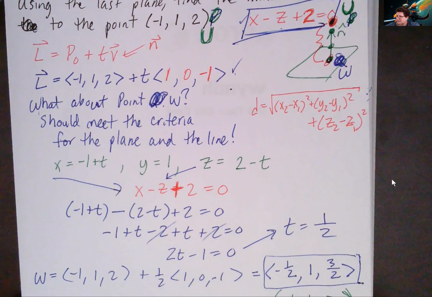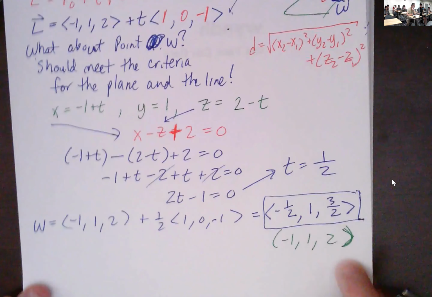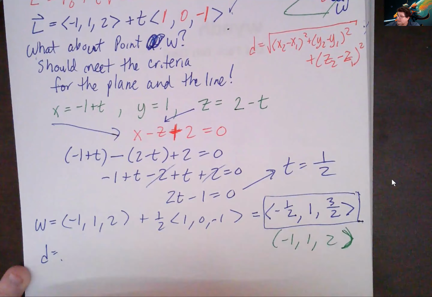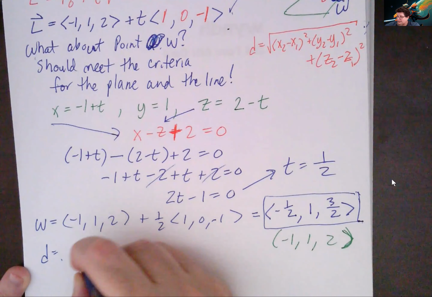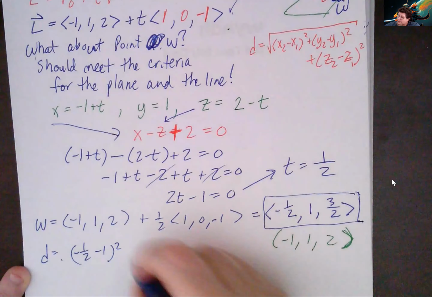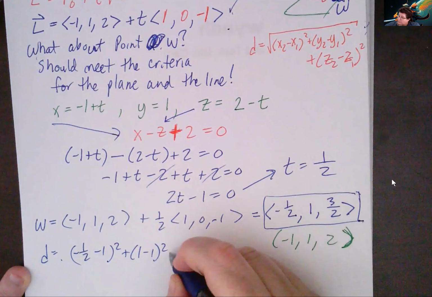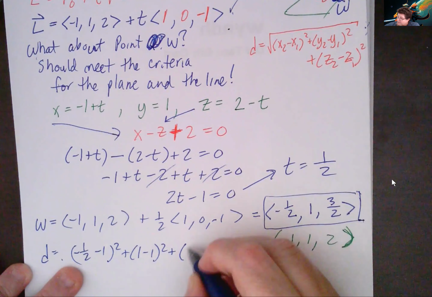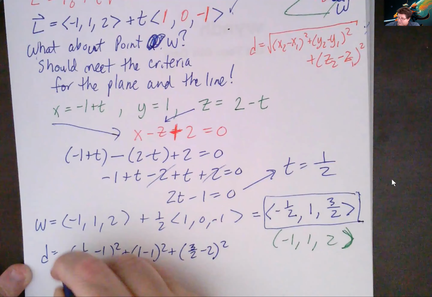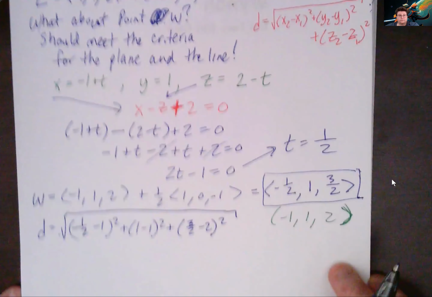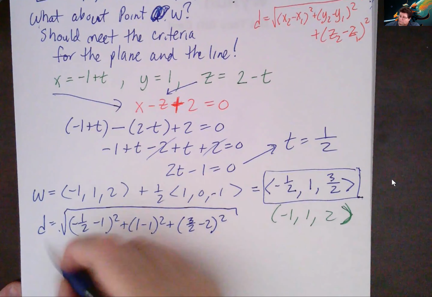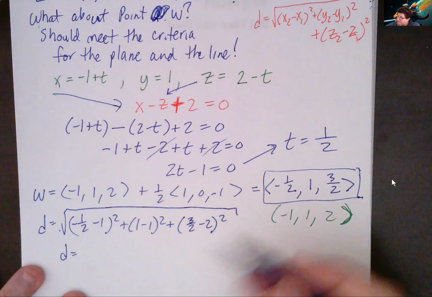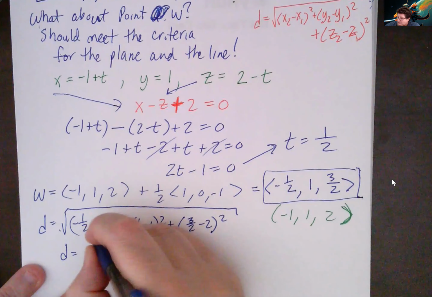All right. So we've got these points. It's now just distance formula time. I've got -1/2 minus 1 squared plus 1 minus 1 squared plus, really doesn't matter which one I put first, but to be consistent, 3/2 minus 2 squared, square root. -1/2 minus -1, that should say.